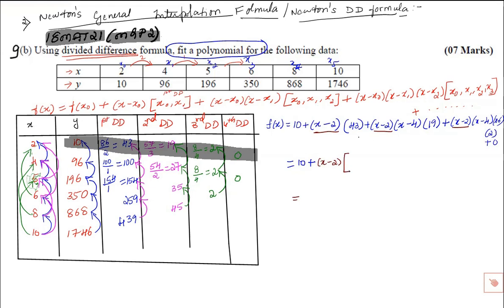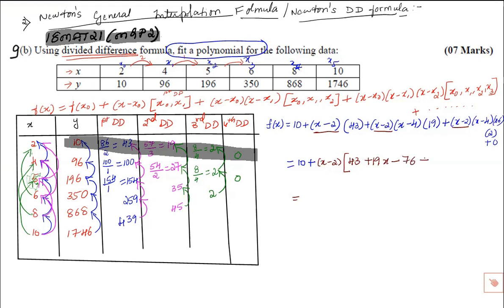The remaining terms are 43 in the second term. Then here 19x minus 19 times 4 is 76.